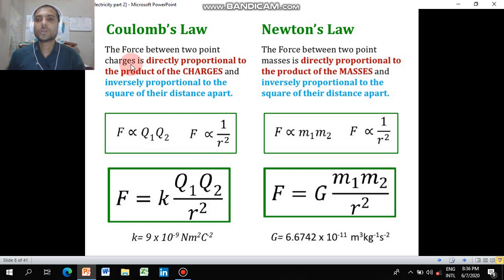Coulomb's law. The force between 2 point charges is directly proportional to the product of the charges and inversely proportional to the square of their distance apart.